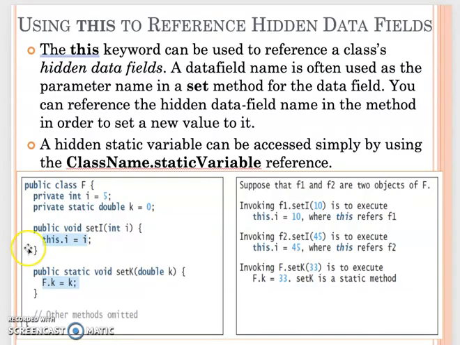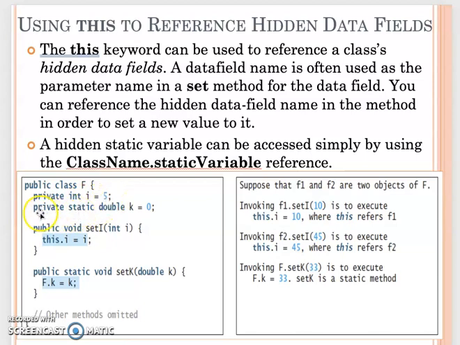Other than that, a lot of times the this keyword will refer to the host object. We're using it for the instance variable. So this keyword can be used to refer to the class's hidden data field. This refers to the host object, and we can use this to refer to the instance variable.